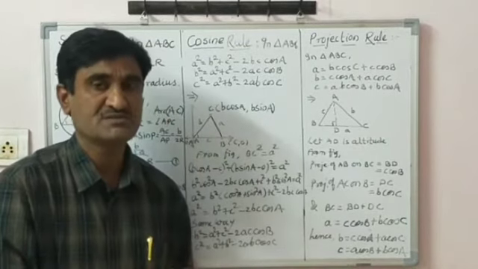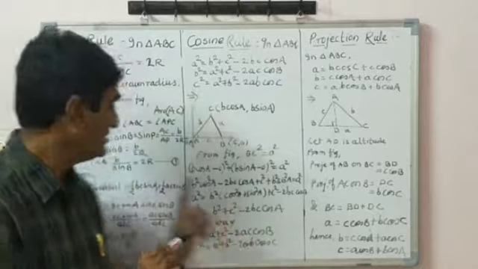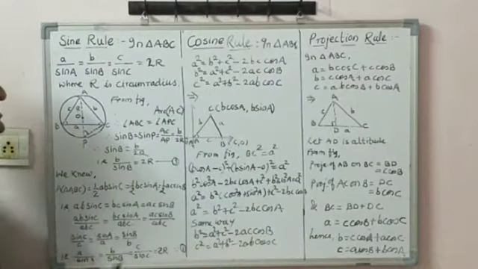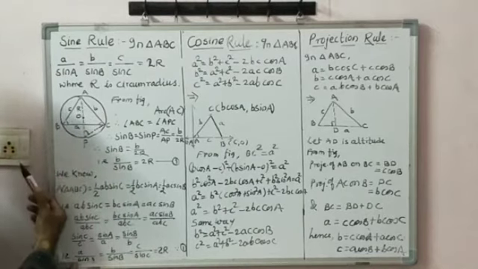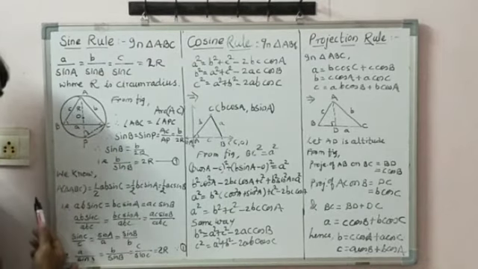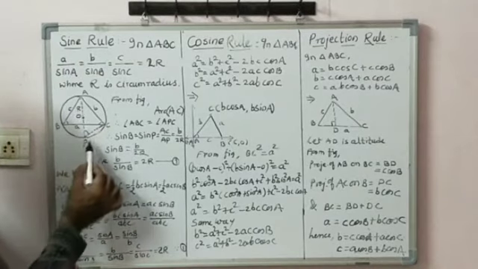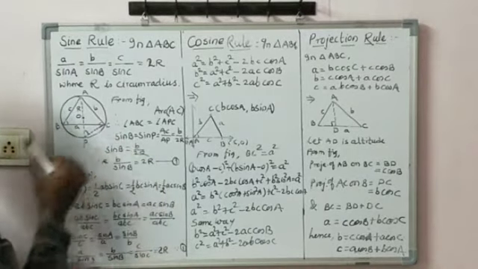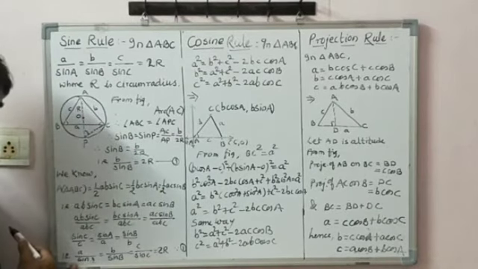Now we prove this sine rule from a figure. By using this figure we prove the sine rule. Now consider this figure: a circle with circumradius R, and this triangle inscribed in it. AP is the diameter.